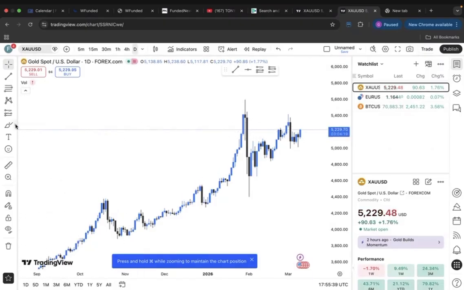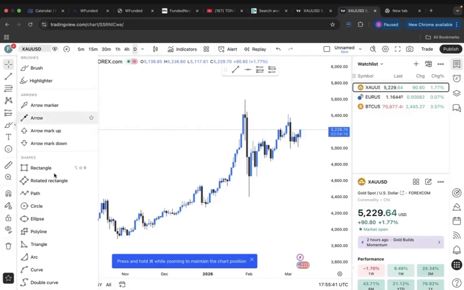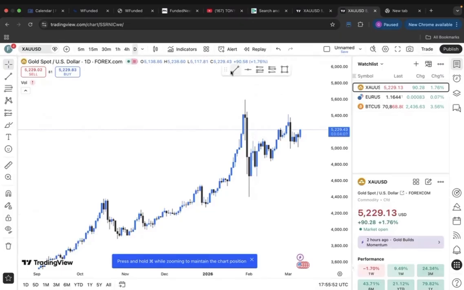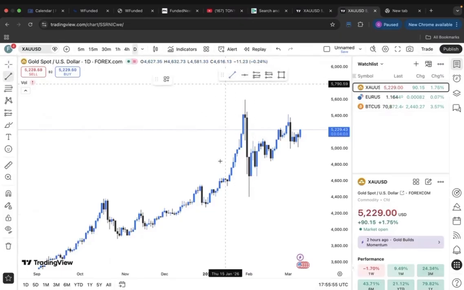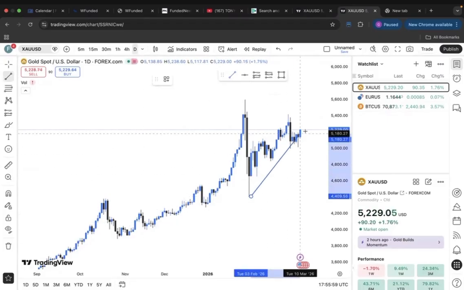Yes, rectangle. There you are. I don't need the rest here, but these are the essential tools I make good use of in my trading. Nothing more. I don't use Fibonacci, but if you use Fibonacci, you can also add it there. You can look for it in your tools.